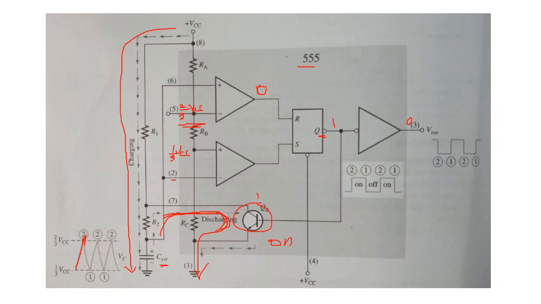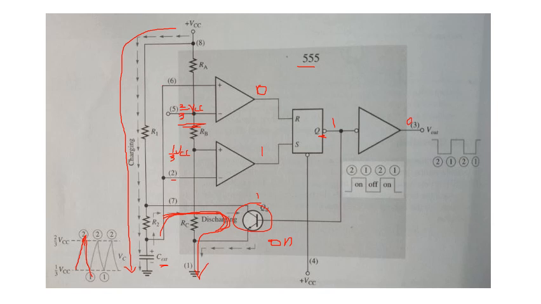So this is still 0. Now it keeps on discharging. Once it crosses beyond 1 by 3 VCC, so if the voltage is less than 1 by 3 VCC, this will be high.